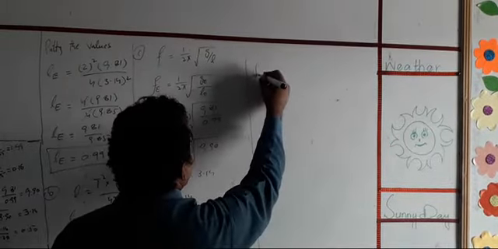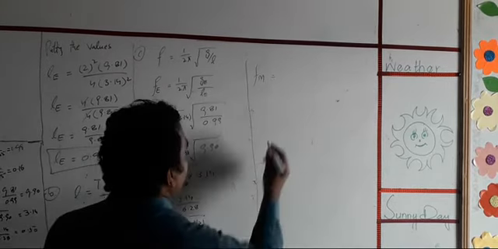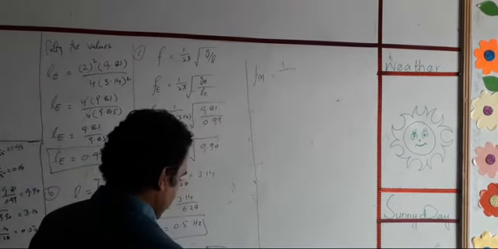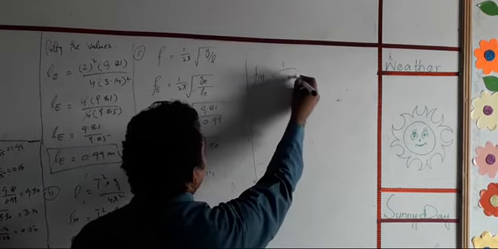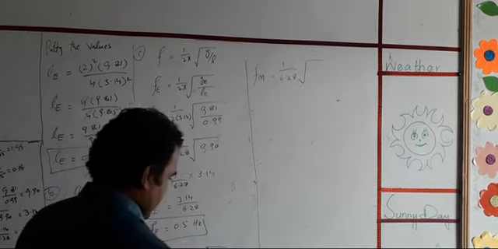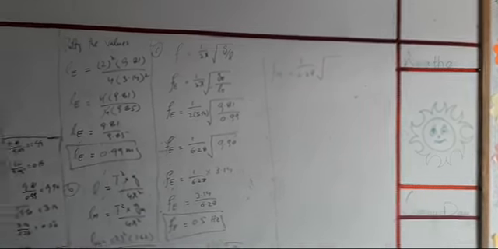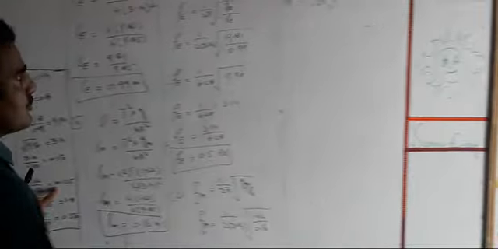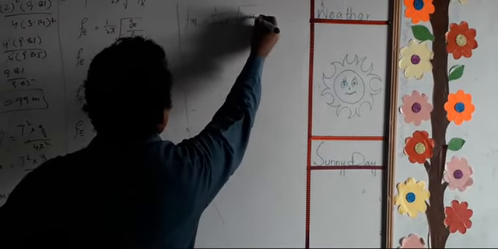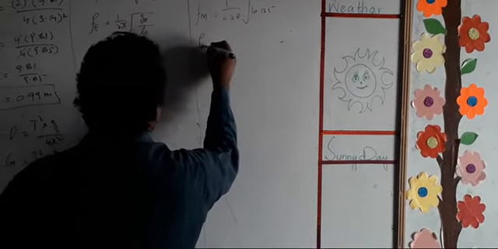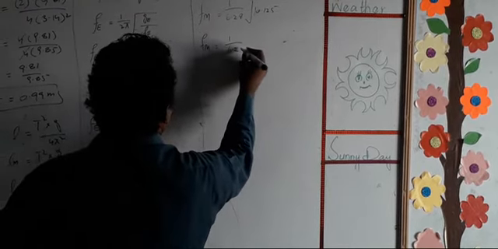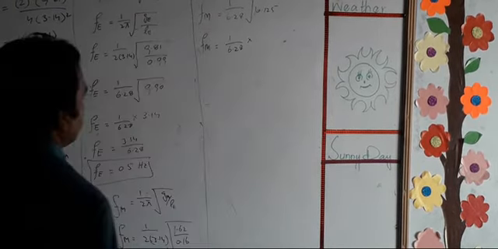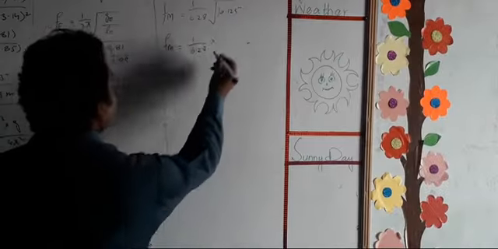So calculating these values, frequency on moon equals 1 divided by, multiplying these two terms will give us 6.28, while dividing these two terms will give us the value as 1.62 divided by 0.16 equal to 10.125. Now square rooting 10.125 gives us the value 3.18.